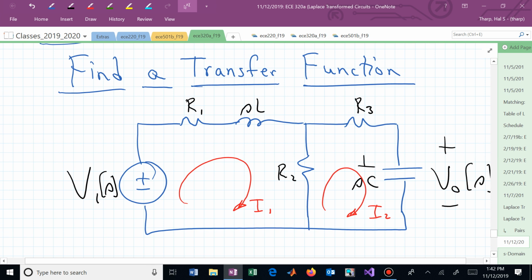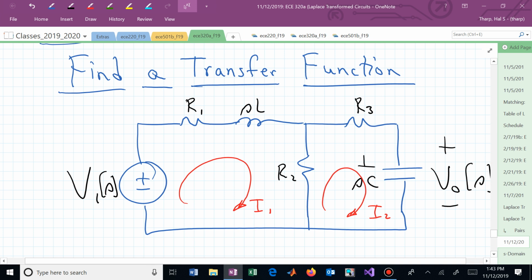Another question might be, well, what would I expect? Now it might depend on what V sub 1 of t is. What if V sub 1 was a constant? What would I expect for a final value for V sub 0 of t? Can you make a comment on that?